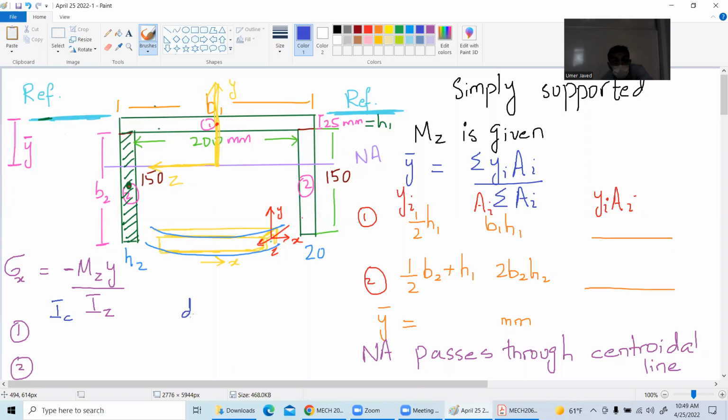This is D. This is the moment of inertia about the Z axis, that is your neutral axis. Then you will find the IC, which is 1 over 12 b1 h1 power 3. And then you find your IC here as 1 over 12 b2 h2 power 3. Just find these two little chunks and then you have to add them.